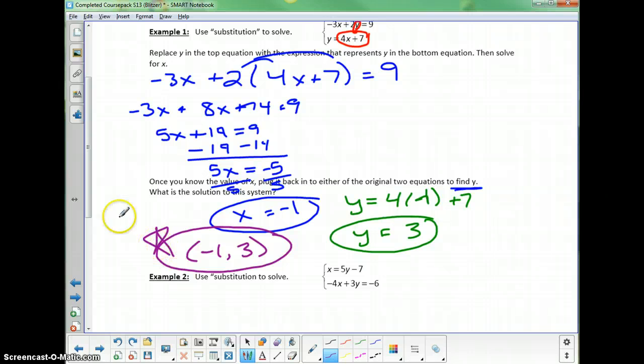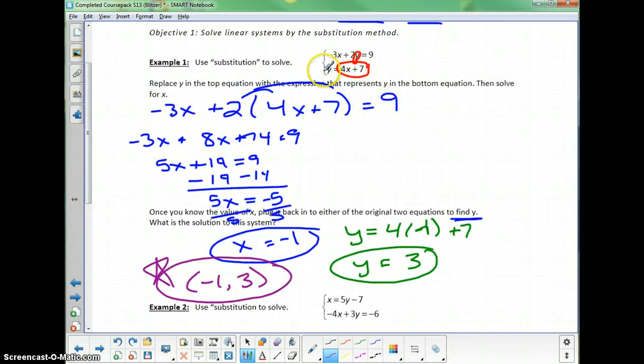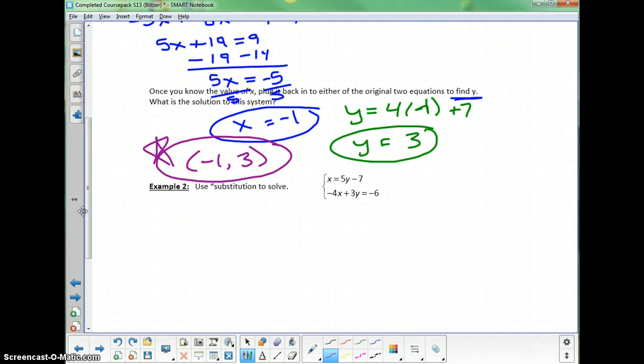Alright. So the process is to start by solving one of the equations for a variable, and then by replacing the variable in the other equation with that expression, we get an equation that we can solve. Let's go ahead and look at the next example. In the next example here, the first equation starts off with x is equal to 5y minus 7.